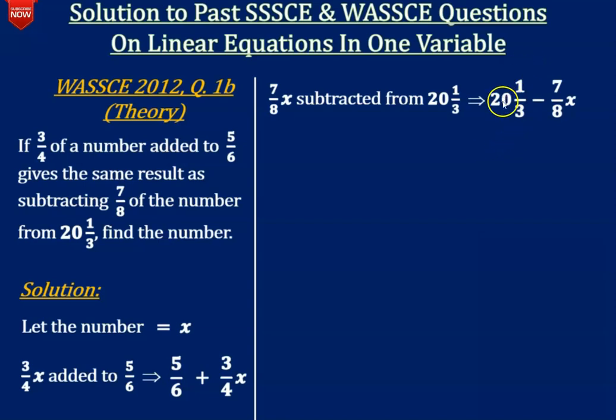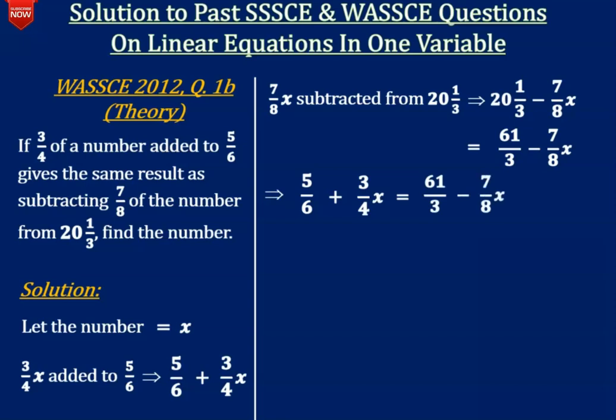Converting the mixed fraction into improper fraction, we have 61 over 3 minus 7 over 8x. We are told that the result of the first expression is the same as the second expression. This implies that 5 over 6 plus 3 over 4x is equal to 61 over 3 minus 7 over 8x.